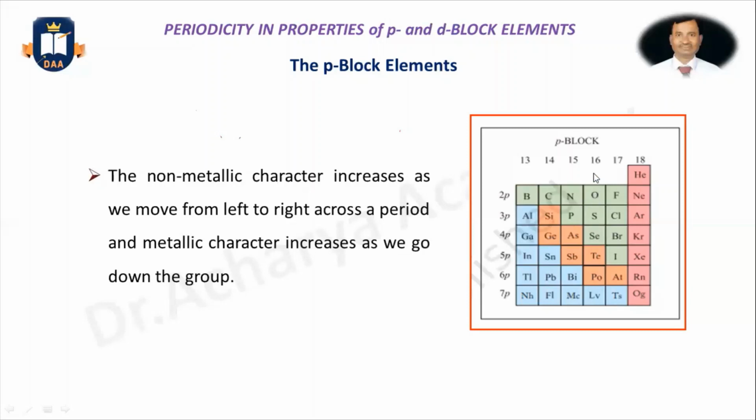If you consider group number 16, from oxygen to sulfur the metallic character will increase, and further it will increase for selenium, and so on. For group number 17 also, fluorine has the lowest metallic character and it will increase down the group. That means from fluorine to chlorine, comparatively the metallic character will be increased, and so on.